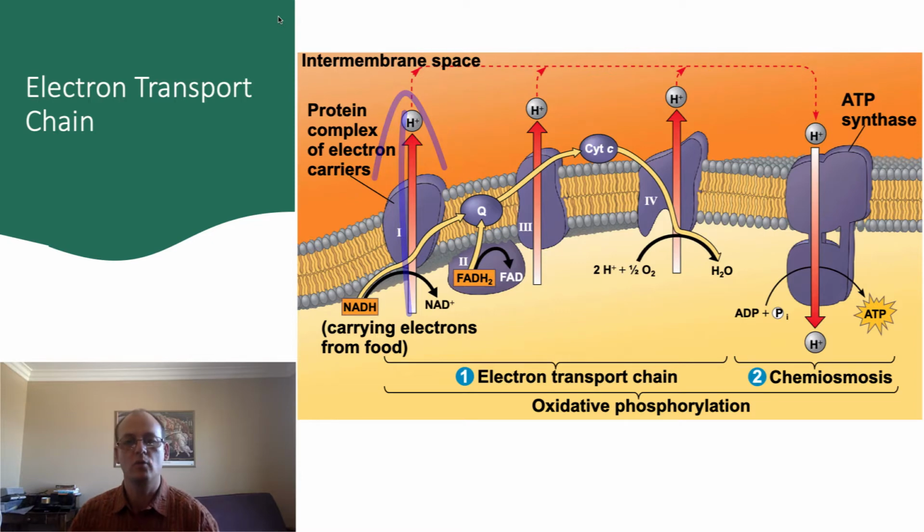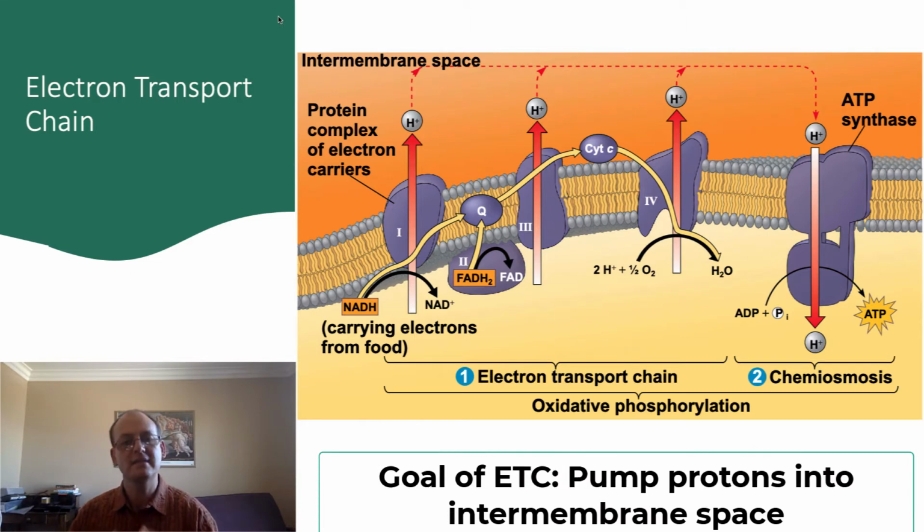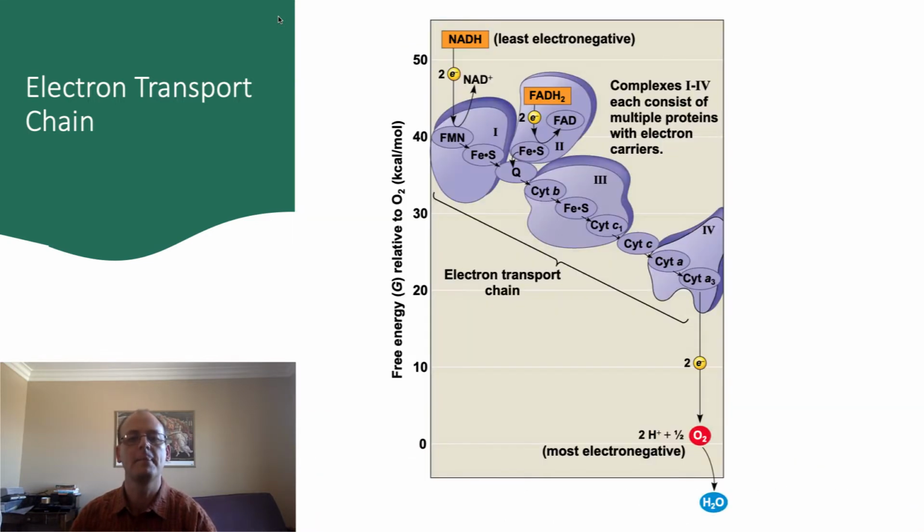We'll look at this in more detail in a minute, but I want you to remember that the goal of the electron transport chain is simply to pump protons into that space, making the intermembrane space electrochemically very different than the matrix. So let's look in more detail at the electron transport chain.